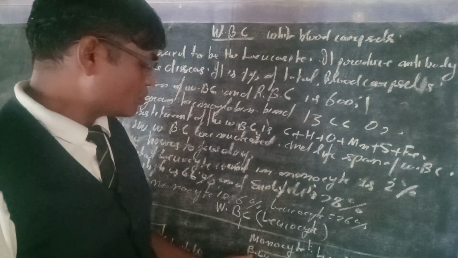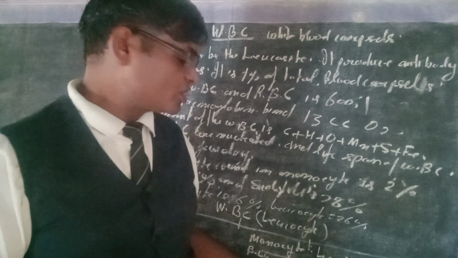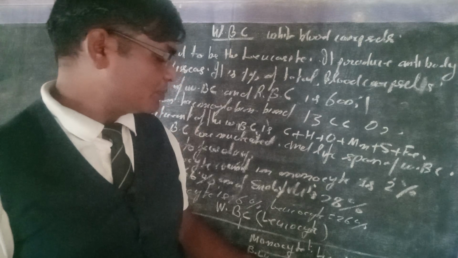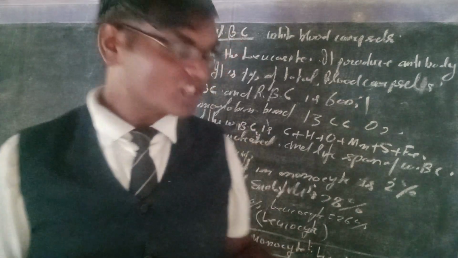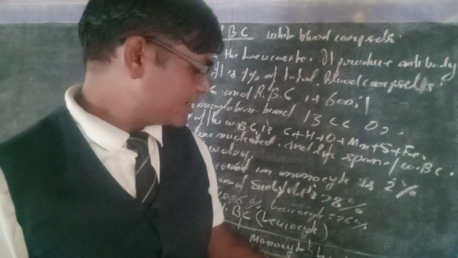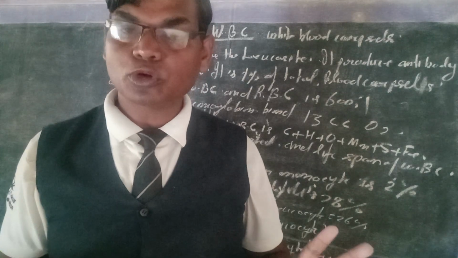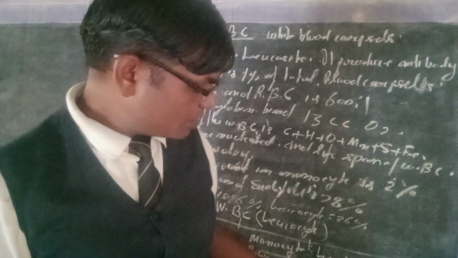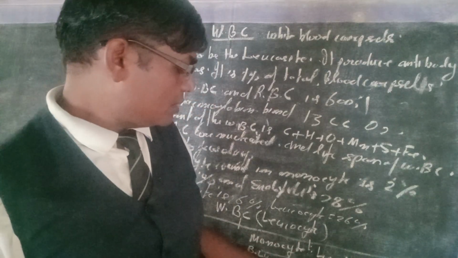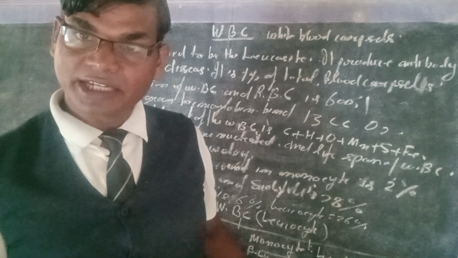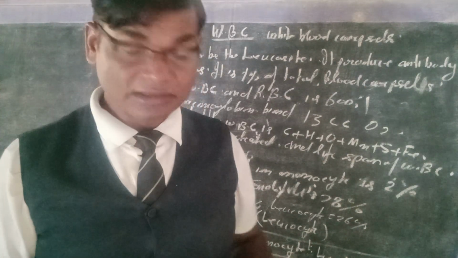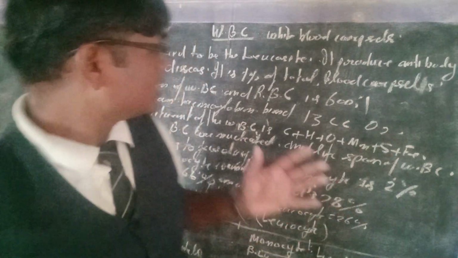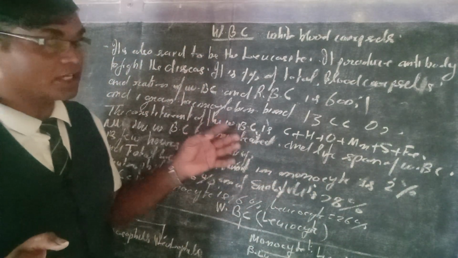B lymphocytes are bone marrow containing lymphocytes, and T lymphocytes come from the thymus gland. T lymphocytes are very important because the cell mediated immunity system is related to them. Immunoglobulins related to humoral immunity are produced by the B lymphocytes. We have discussed a lot about WBC.